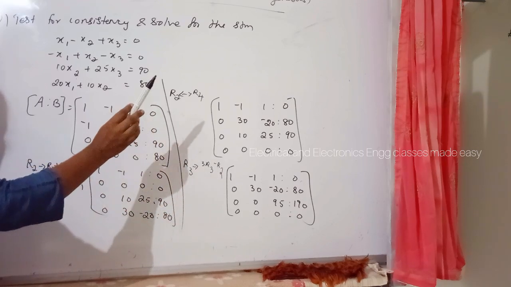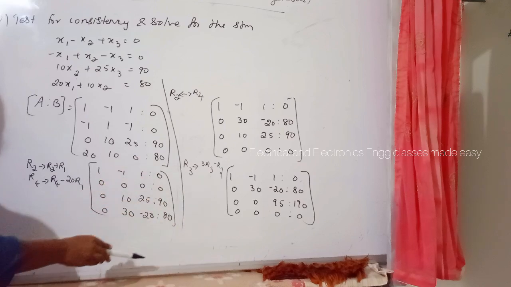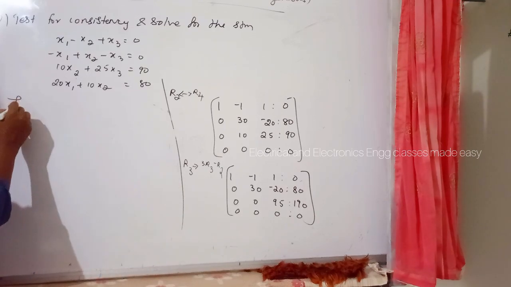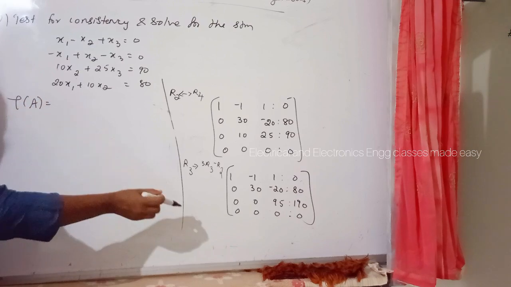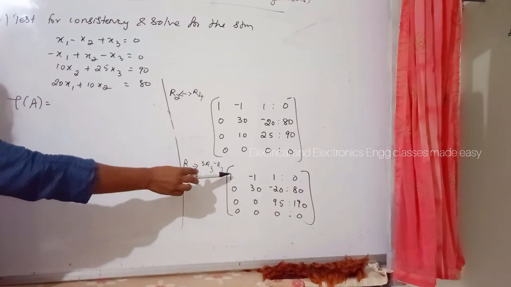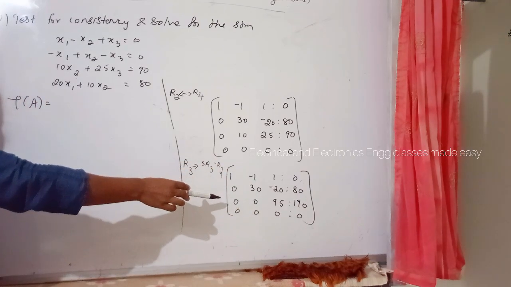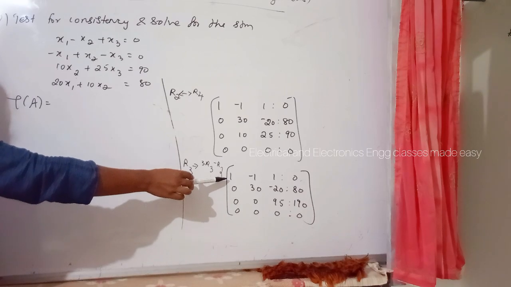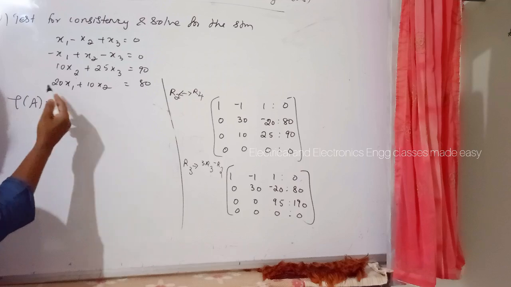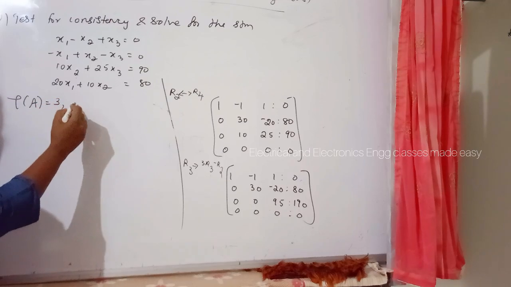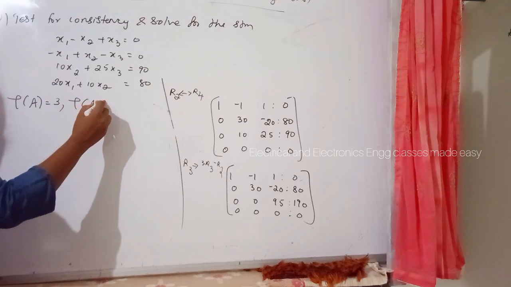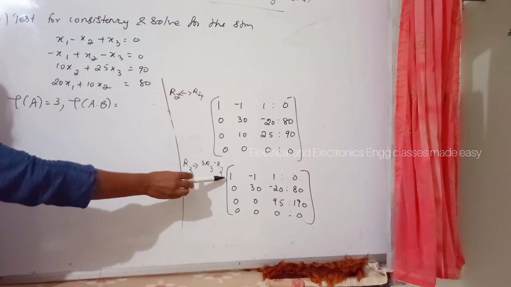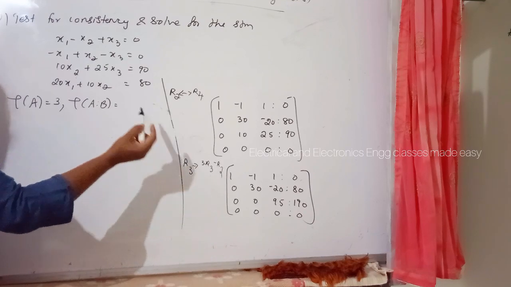So we can check for the consistency. Here rank of A is the number of non-zero rows, which is 1, 2, 3. So rank of A is equal to 3. Then rank of AB, that is the augmented matrix, is also equal to 3 because non-zero rows are 1, 2, 3.